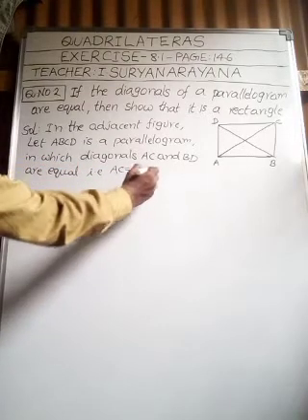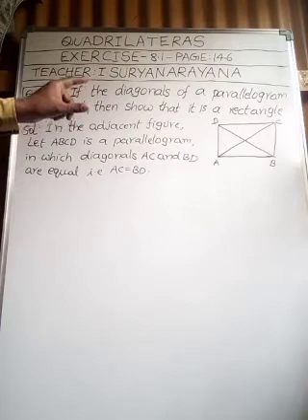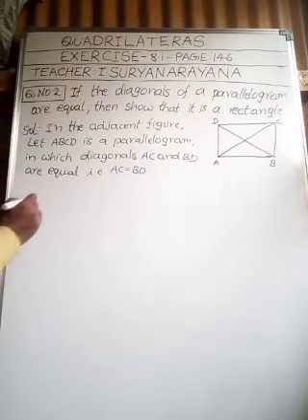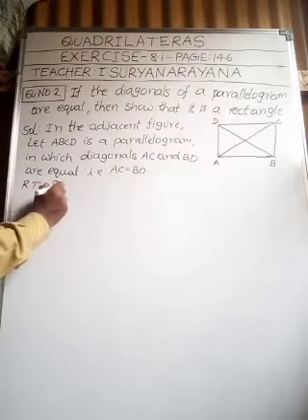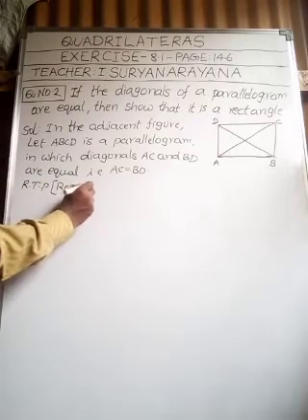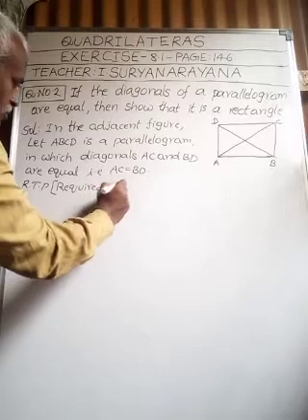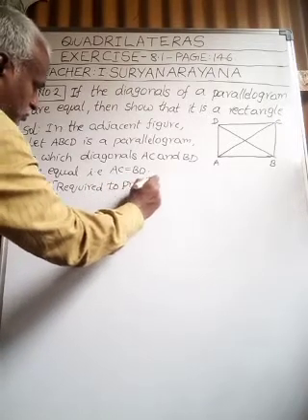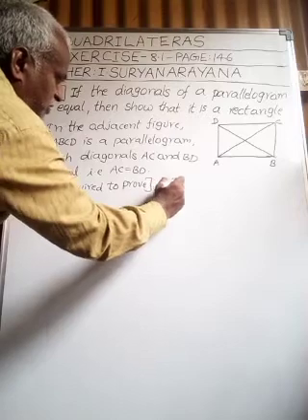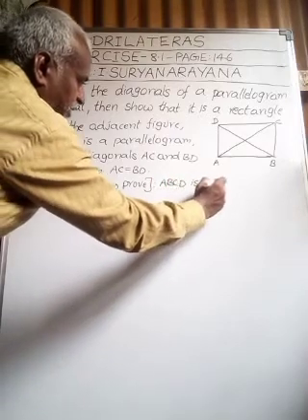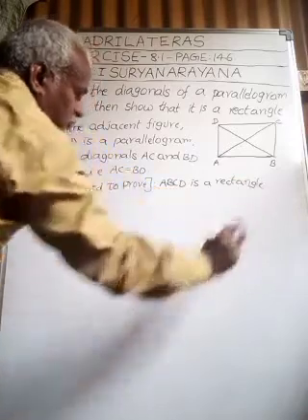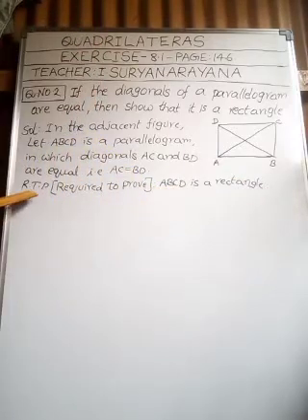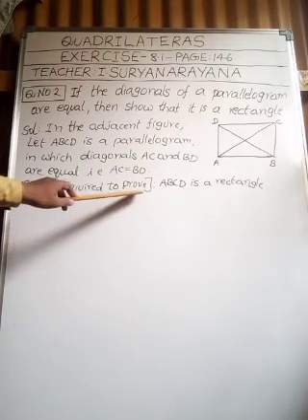Right. Now we have to prove that ABCD is a rectangle. RTP means required to prove.